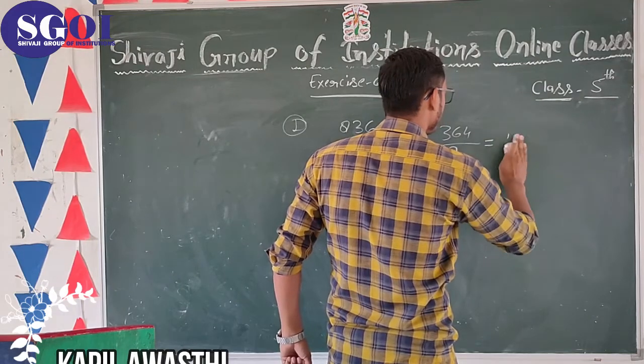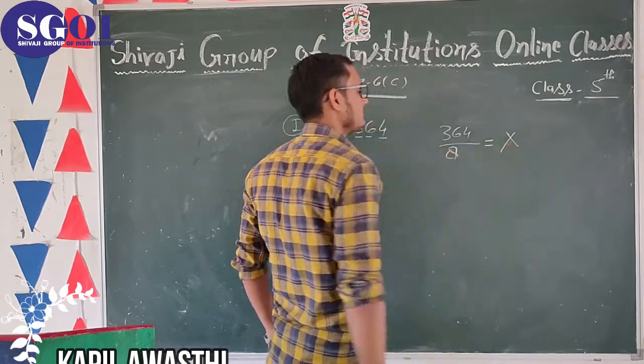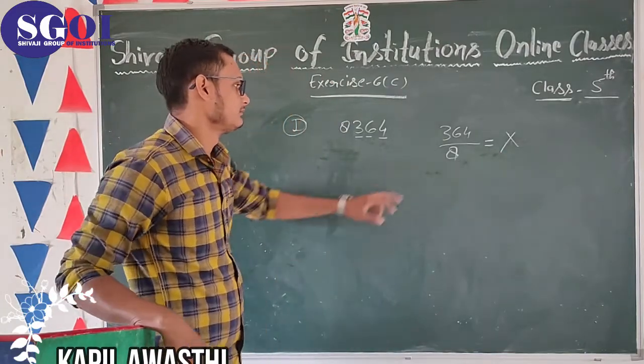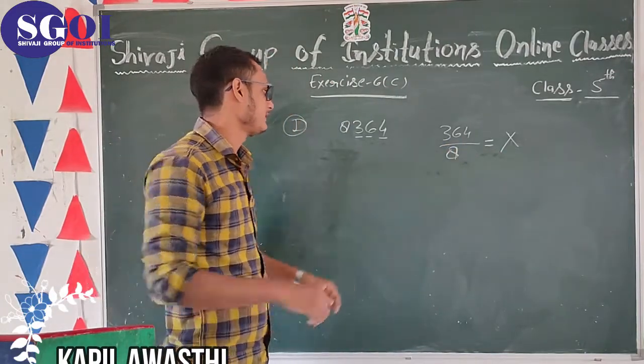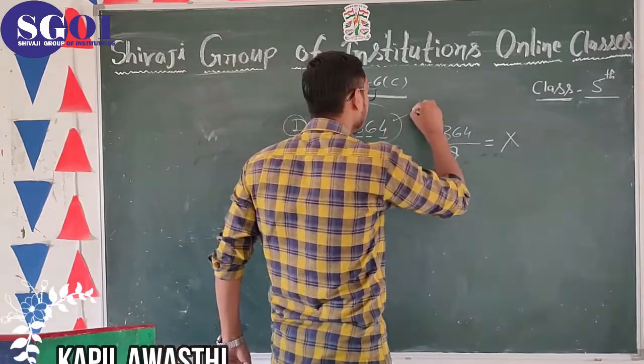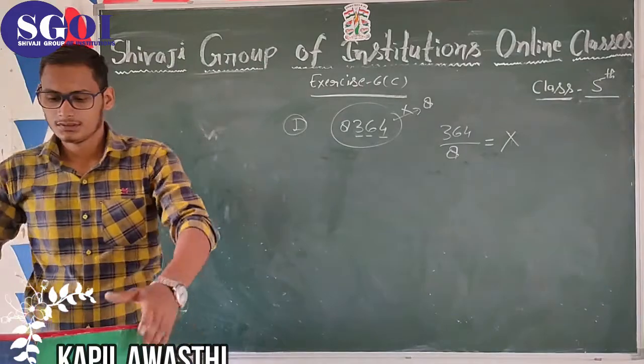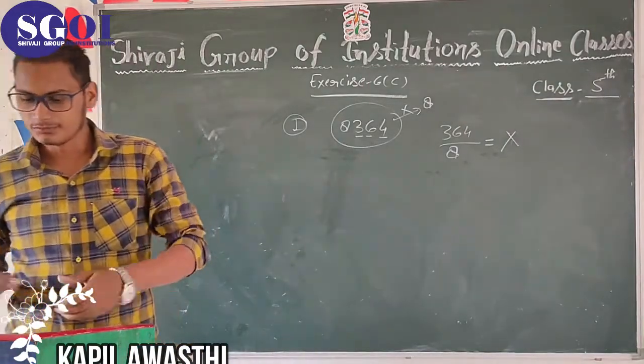No, 364 is not divisible by 8. So the whole number is not divisible by 8. Understood? Next, question number 2.